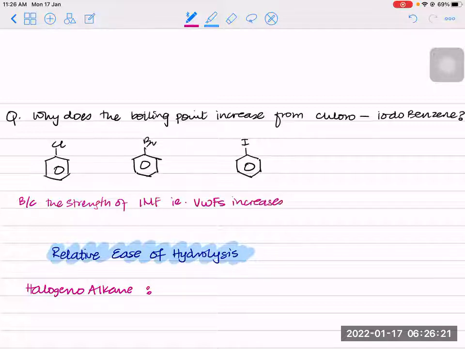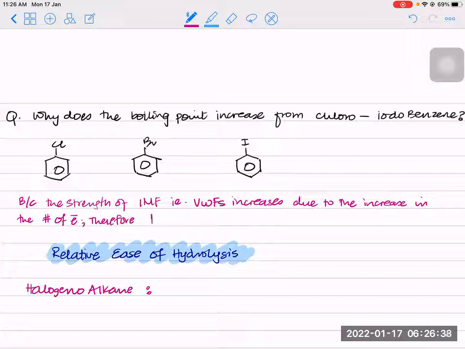And why does it increase? Due to the increase in the number of electrons. So there's an increase in the number of electrons, making the intermolecular force stronger, therefore increasing the boiling point. Clear?